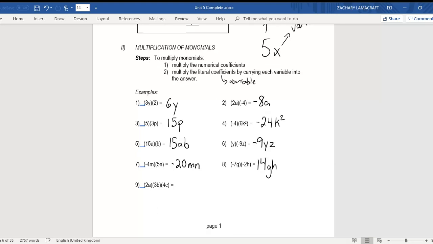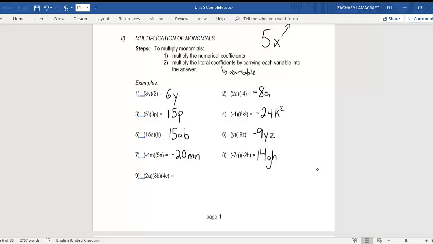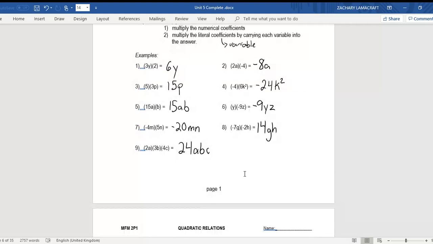Finally, we have 2a times 3b times 4c. In this case, we have 2 times 3 is 6, times 4 is 24. And then we have the a, b, and c. Since none are the same, they don't have exponents, so it would be 24abc.